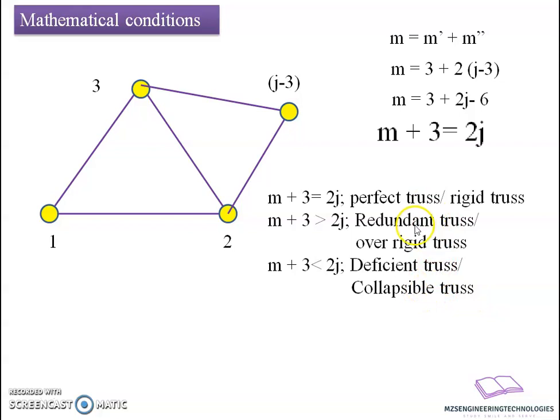To make adjustments, in a redundant truss I reduce members, and in a deficient truss I add members. This is what we call the compatibility of the members within a truss.